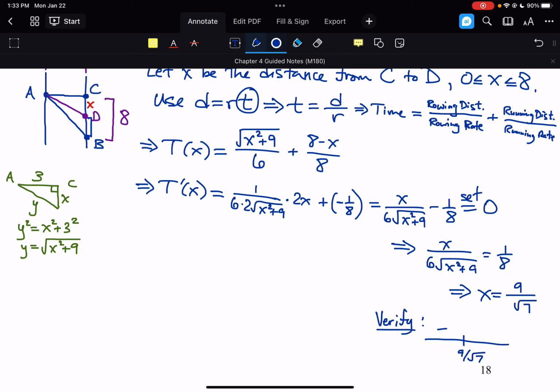So we'll pick like 5, for example. So we get 5 over 6 times rad 34. Check that against the 1/8. You'll find that it does do this. So it does give us a minimum for that time formula.